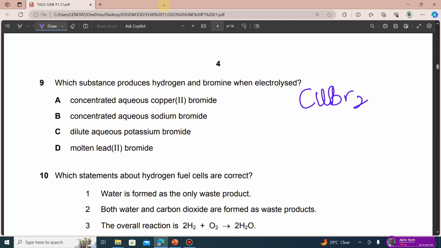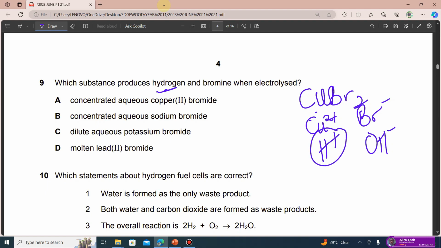If it's aqueous, the ions in the solution are Cu2+ as the cation and the hydrogen ion, and then the bromide ion and the OH minus. For hydrogen to be produced at the cathode, in terms of reactivity, hydrogen is more reactive than copper.